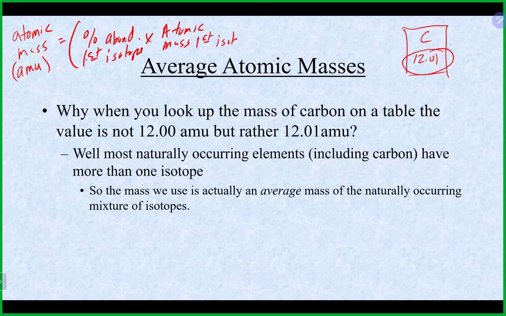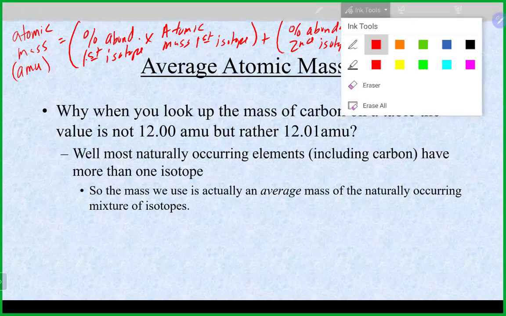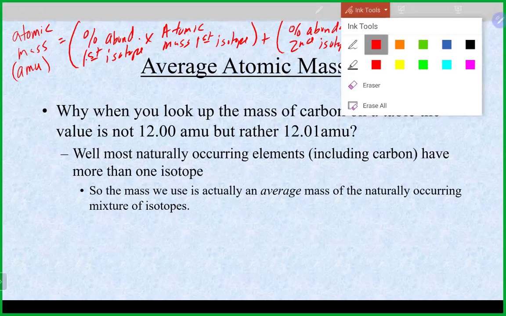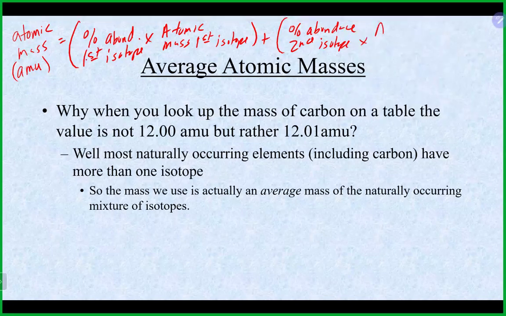You then add it to the percent abundance of the second isotope, and you times it by the atomic mass of the second isotope. And you basically just keep following that pattern. If there's 3 naturally occurring isotopes, you would then do it for the third one and so forth. The key on this one, though, is atomic mass of the second isotope.